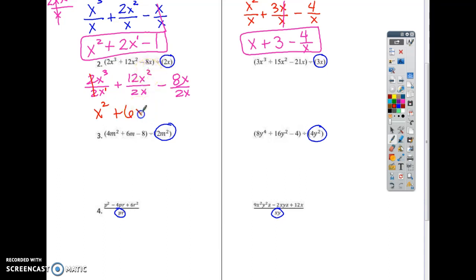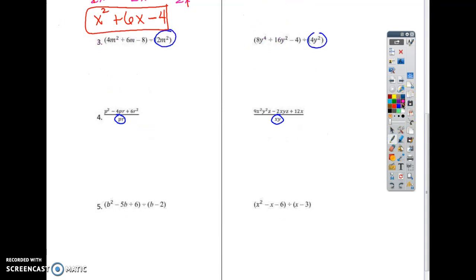And it leaves you with just 1, because this is 2 minus 1, you're left with just 1. And then what's negative 8 divided by 2? Negative 4. What happened to my x's? They cancel, and you don't have any more x's. Okay? So I want you to do this one by yourself. Pause the video.